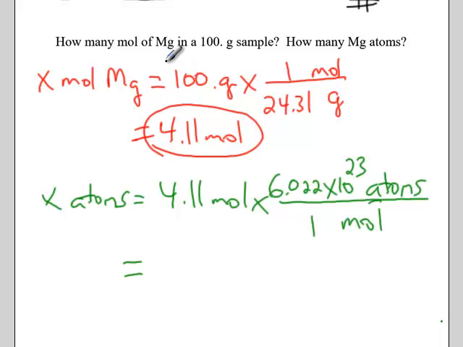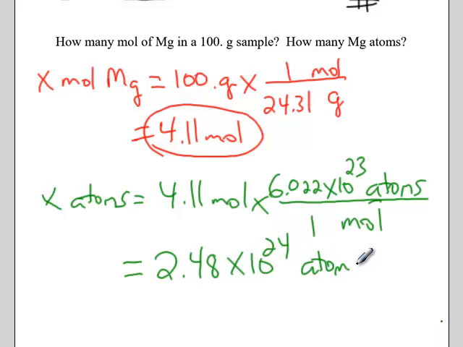So in that same 100-gram sample, we have 2.48 times 10 to the 24th atoms of magnesium.